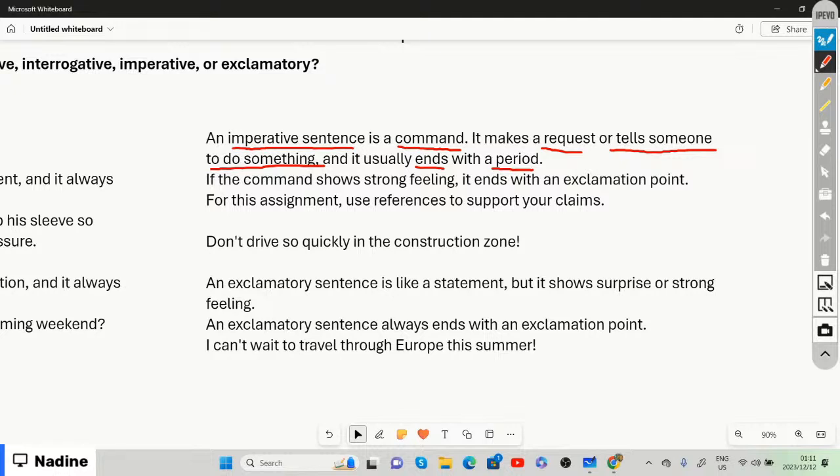But if that specific command uses strong feelings, then it ends with an exclamation point.